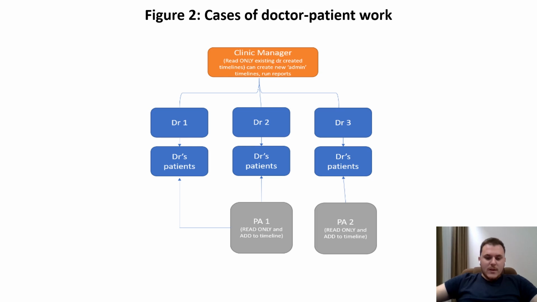Below this level are individual doctors, Doctor 1, Doctor 2, Doctor 3, each associated with their own group of patients. Each doctor is responsible for creating and curating the timelines of their patients, entering important clinical events, updates on their status, and other significant medical information.